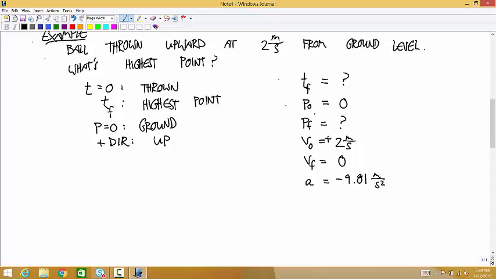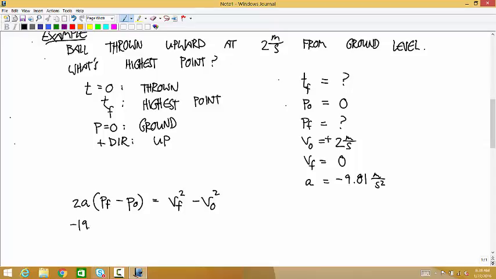The first equation, we don't know P final and we don't know T final. So I think the one we need is the one that doesn't have time in it, since we don't know time and we don't care about it. So I think this one should work. 2a times quantity P final minus P0 is equal to V final squared minus V0 squared.